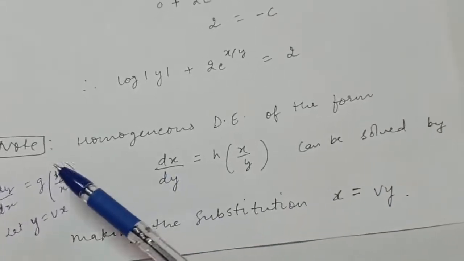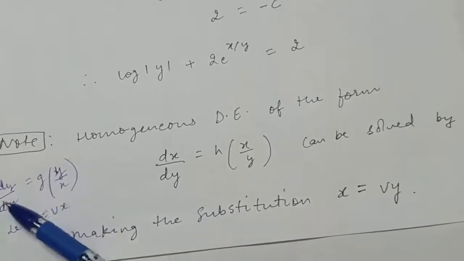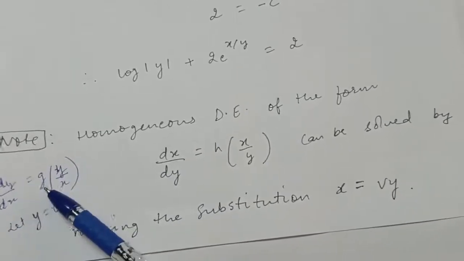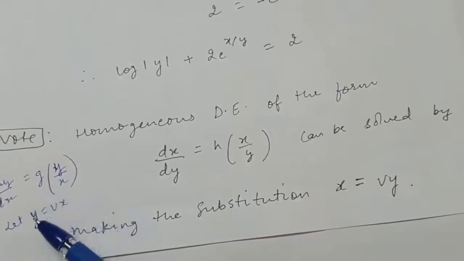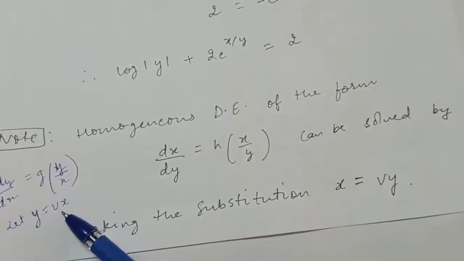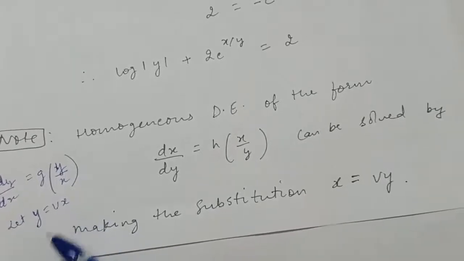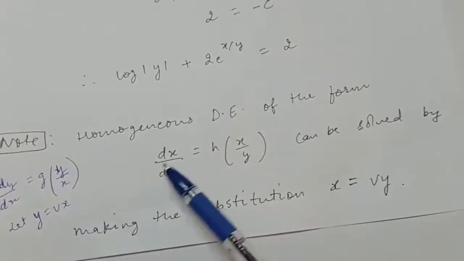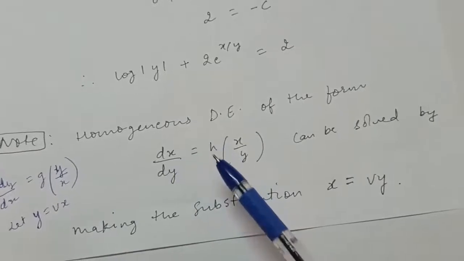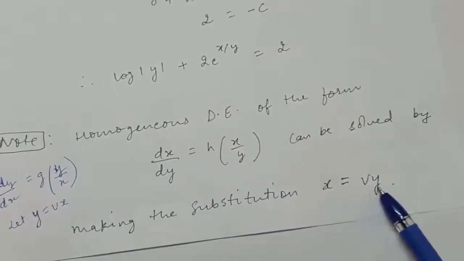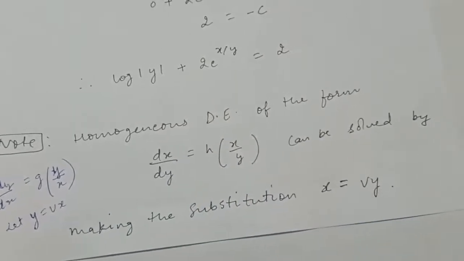Till now what we have done, if the differential equation is of the type dy by dx equal to some function of y by x, we take y equal to vx and then we differentiate both the sides with respect to x and then we follow the procedure. But if it is of this type, then you can make the substitution x equal to vy.